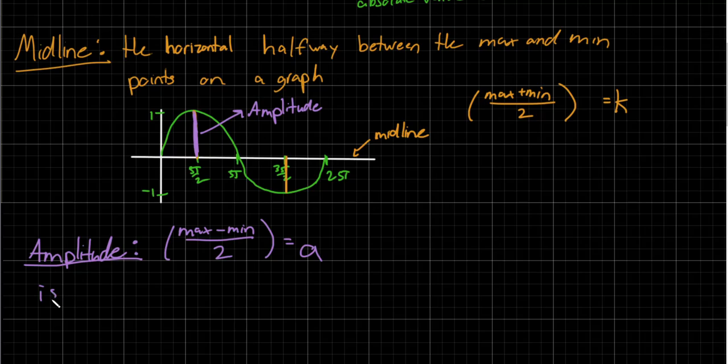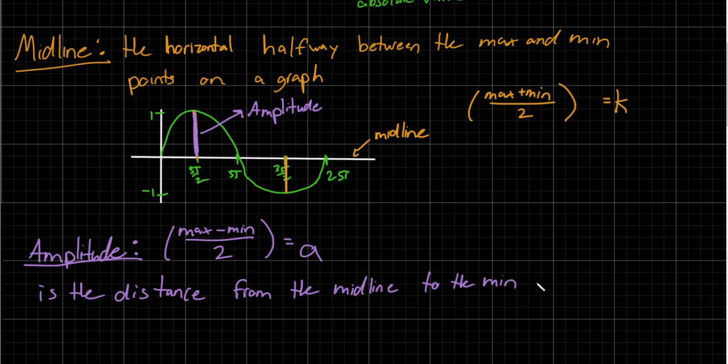So this is the distance from the midline, which is the x-axis, to the min or max values of the graph.